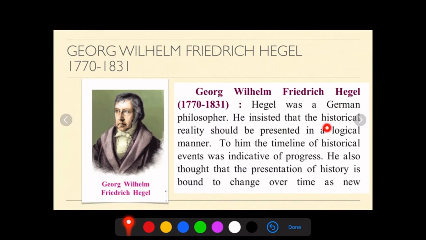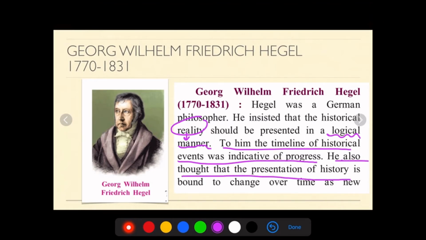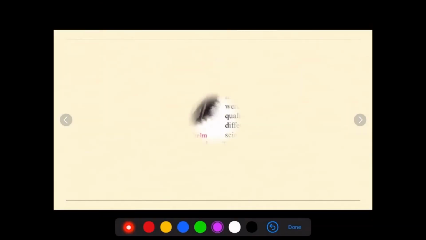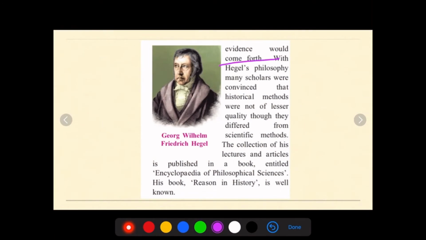He insisted that historical reality should be presented in a logical manner, that there should be logic behind things. To him, the timeline of historical events was indicative of progress. He also thought that the representation of history is bound to change over time as new evidence would come forth.